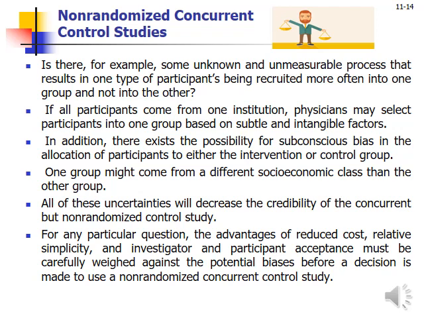In addition, there exists the possibility for subconscious bias in the allocation of participants to either the intervention or control group. One group might come from a different socioeconomic class than the other group. All of these uncertainties will decrease the credibility of the concurrent but non-randomized control studies.